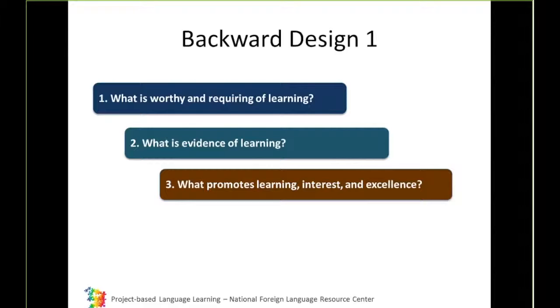And then, what is the evidence of the learning? In project-based language learning, the culminating product in the end, which we hope will be some sort of public product, like students will do a children's book, or they will do a public performance, or write letters to Congress or some public audience.